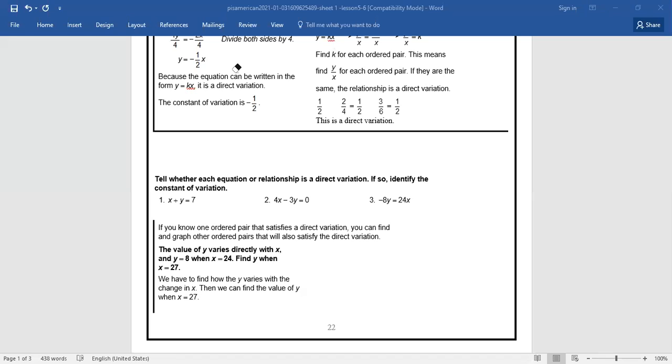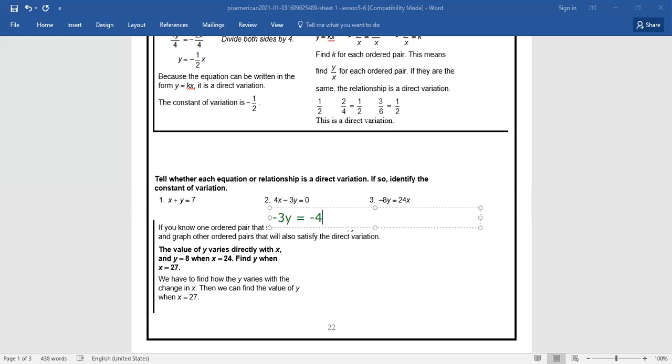How can we find the value of k, Ritaj? We will make negative 3y equal negative 4x.